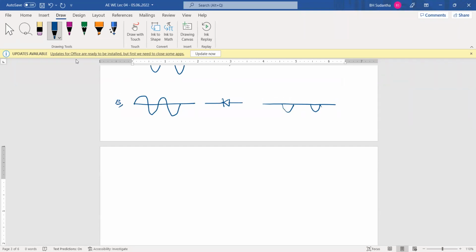Okay, what about if you have this type of circuit? Now you are giving this one. It's not a normal diode, it's a zener diode. Now what's the output?